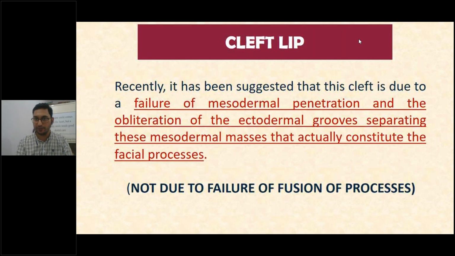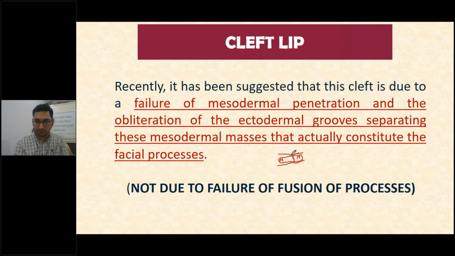If I try to draw here, this is one process, this is another process. Usually they say it is failure of fusion of processes, but actually this is the mesoderm of this process and this is the mesoderm of this process. This is lined by ectoderm. It is actually failure of merging of mesoderms, failure of penetrating these grooves.